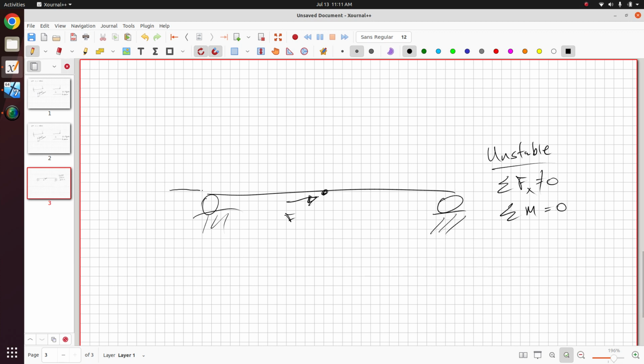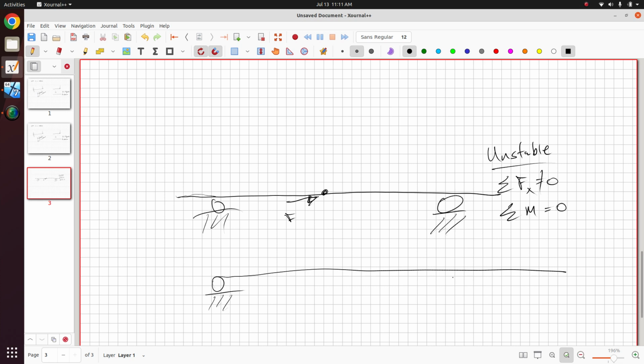Maybe we'll have some extended ends here. Let's suppose that the beam has a little bit of extension here. So when it moves, it might look something like this. This is before loading, and this is after loading.